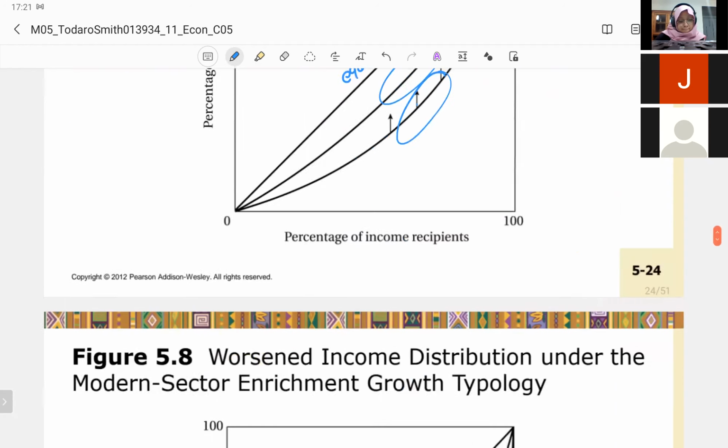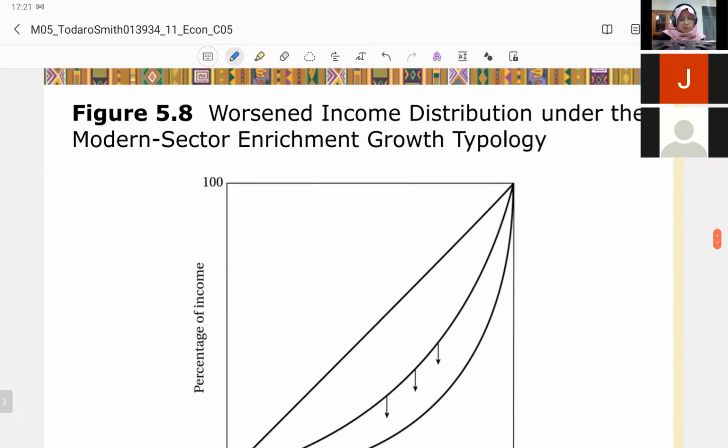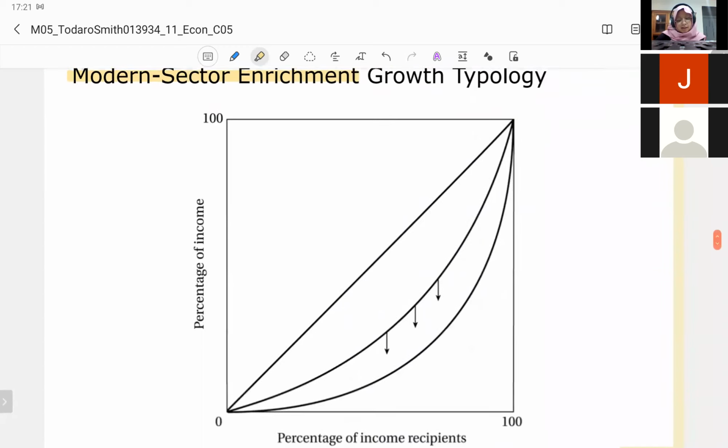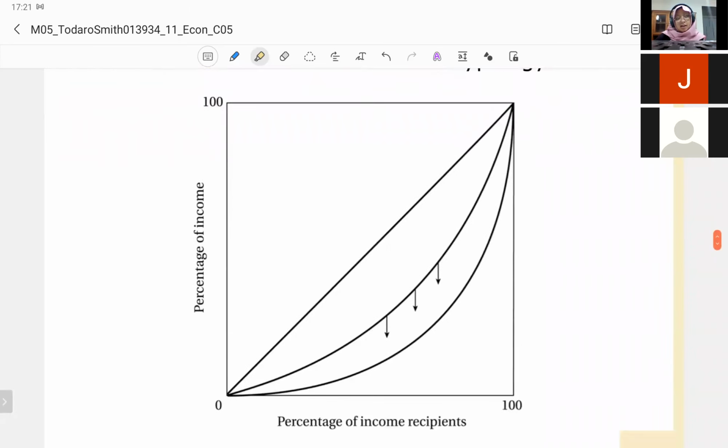Okay, but if you do modern sector enrichment, then the income distribution is going to be worse. Why? Because most of the people in the modern sector are rich people, right? So the inequality is going to get worse.